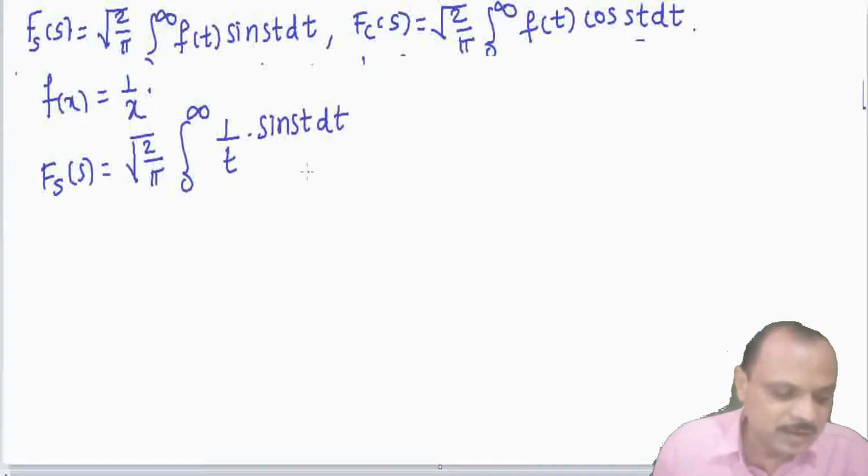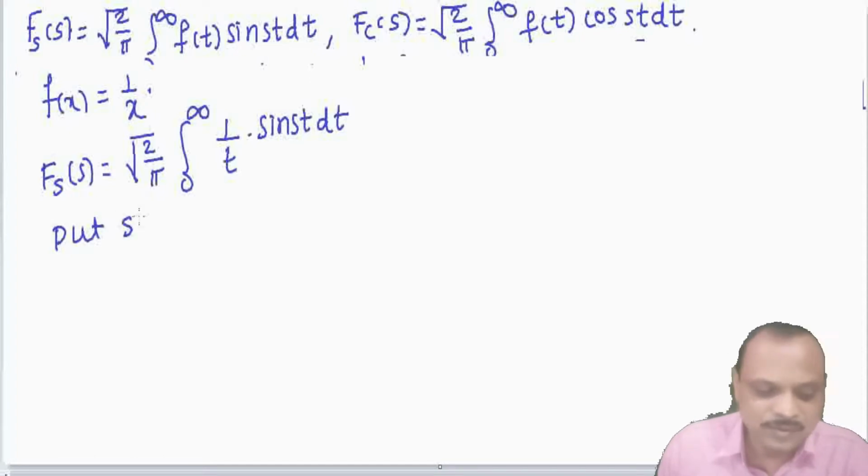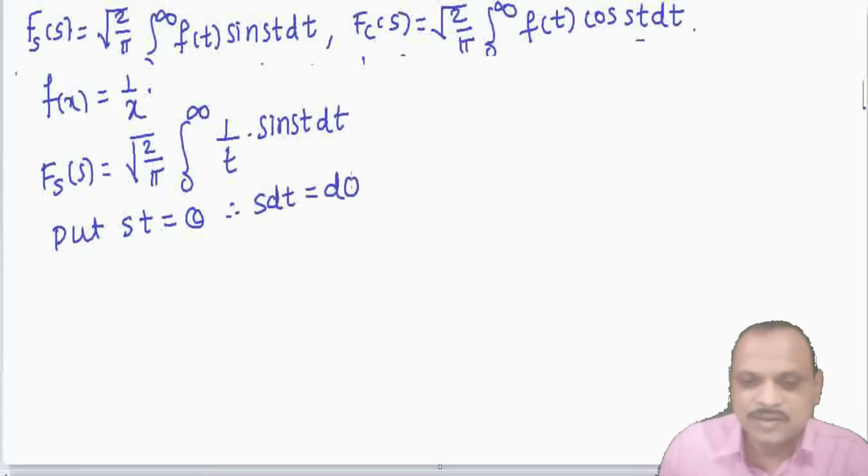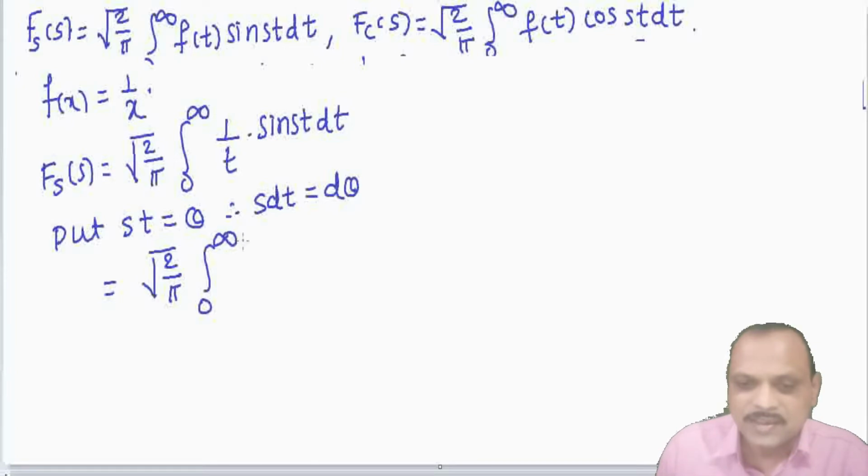In this integration, let us put st equal to theta, and therefore s into dt equal to d theta, and the limits remain as they are. So this is equal to under root 2 divided by pi between the limits 0 to infinity, sin st, we get sin theta divided by t, where t is theta divided by s, into dt, which is d theta divided by s.